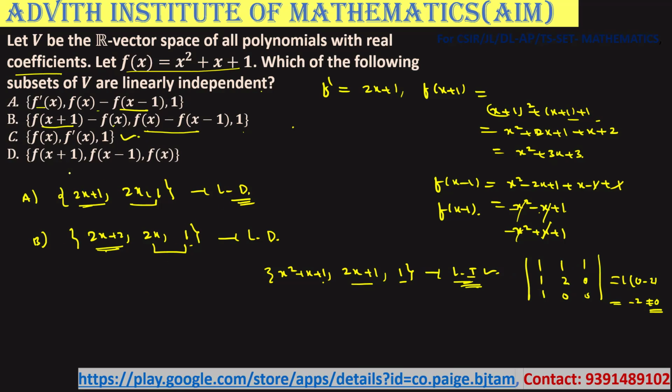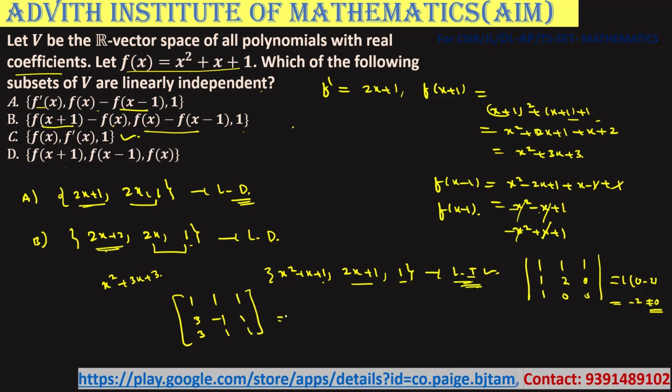And what about option D? f of x plus 1 equals x square plus 3x plus 3, sir. So as per the matrix formula, 1 3 3. Right? f of x minus 1 he said: x minus 1 equals x square minus x plus 1, that is 1 minus 1 1, and f of x is 1 1 1.